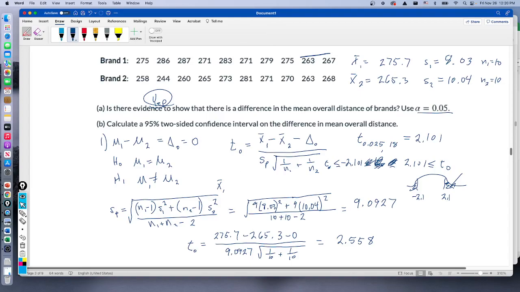For the confidence interval, it's a very similar calculation, but what we do is we solve and use this t value here.